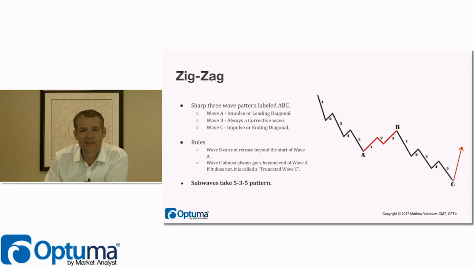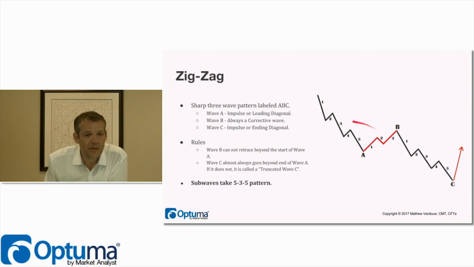What I mean by that is that the first leg of the zigzag coming down here to A, remember we said they're always labelled A, B and C. But what's happened here is that we have this corrective wave, but the corrective wave is made up internally by an impulse down, a small correction back up going to B, and then another impulse down to C. So you've got to remember that.